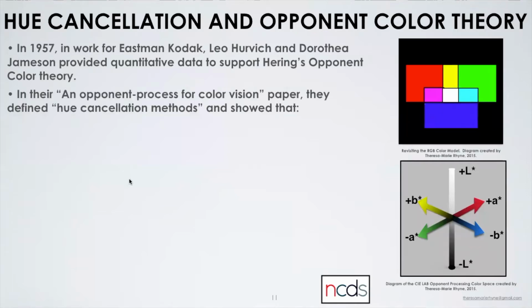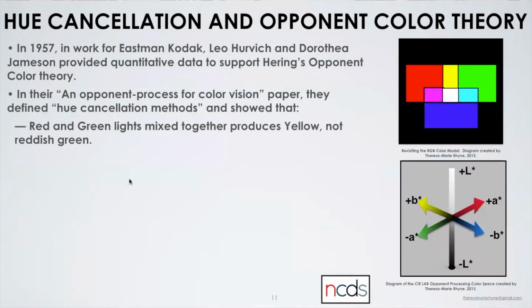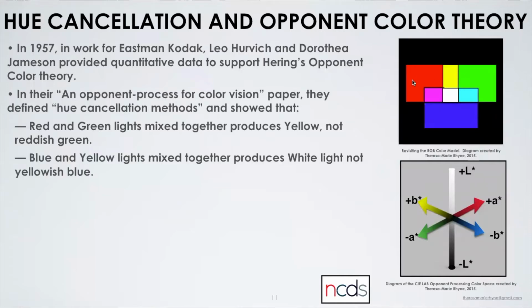They said that you can use hue cancellation methods and show that red and green lights mixed together actually produce yellow, and that blue and yellow lights mixed together produce white. Now think about it. We know that red, green, and blue produce white. So red and green would be yellow, and yellow and blue would produce white as well.